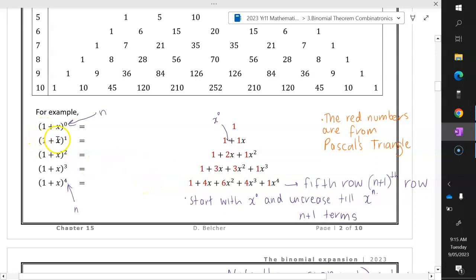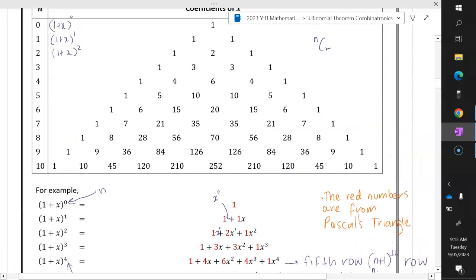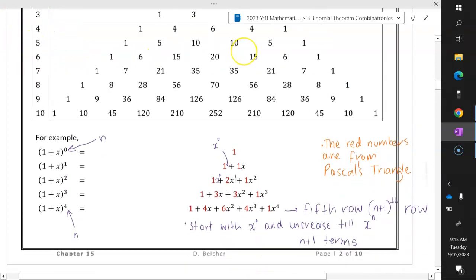But what you'll see with the x is we start with, where I've got a little arrow in here, x to the 0. So this first term is basically x to the 0, and we're building up our x's. So we've got x to the 1 and x to the 2. And that 2, or our highest power of x, matches with our 2 over here, and it will also match with the 2 on our line up here, as long as we start counting at 0. So they're all going to match up.